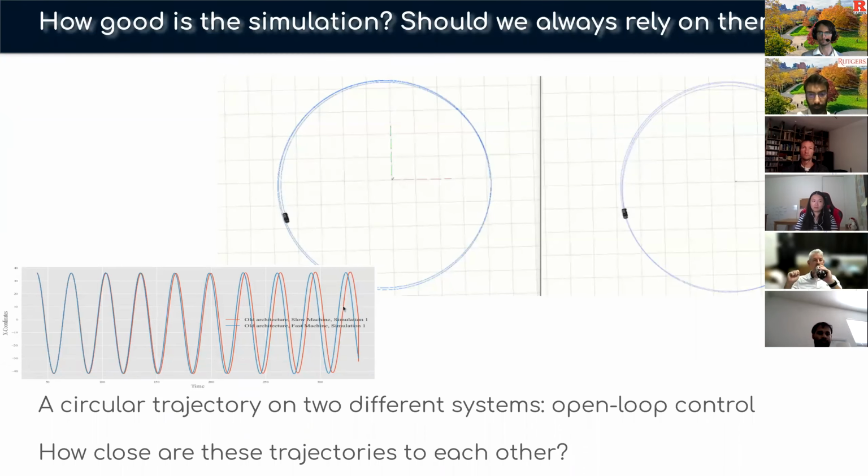If you plot the x positions with respect to time, you would expect sinusoidal waves. But you see that the x positions of the car are not the same, and they actually drift apart a little bit. The same simulation on two different machines does not come out exactly the same.